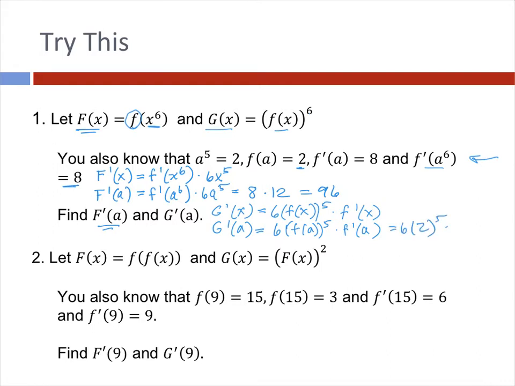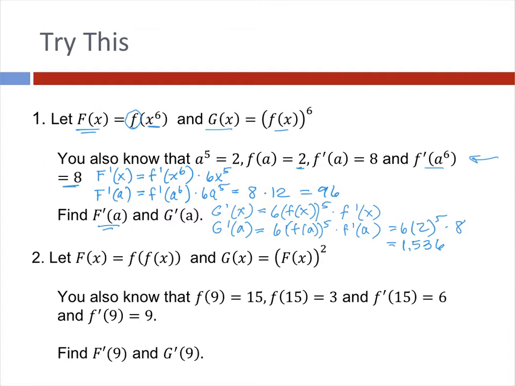And then f prime of a is 8. All right, so let's calculate that. And I get 1,536. All right, so that one was pretty easy, I think, actually, after you see how we go about doing that. Let's go ahead and look at the next one.